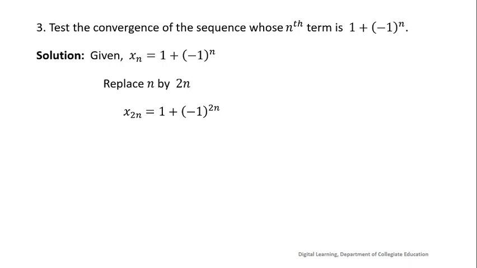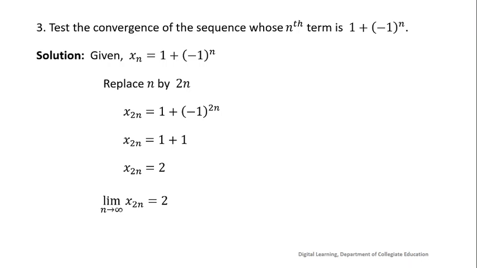That is x 2n equals 1 plus (minus 1) power 2n. Here the value of (minus 1) power 2n is 1. Therefore x 2n equals 1 plus 1. Then x 2n value is 2.